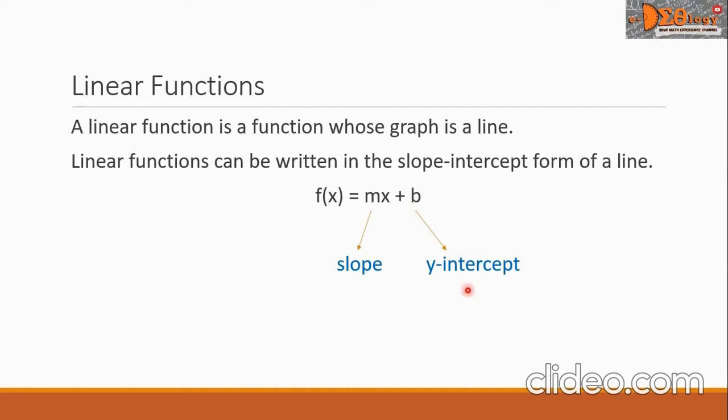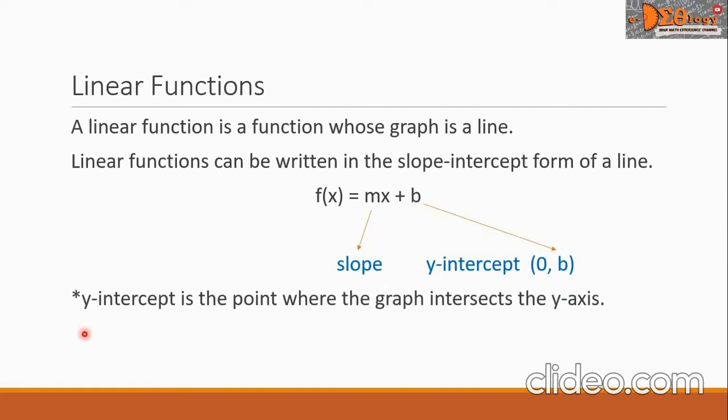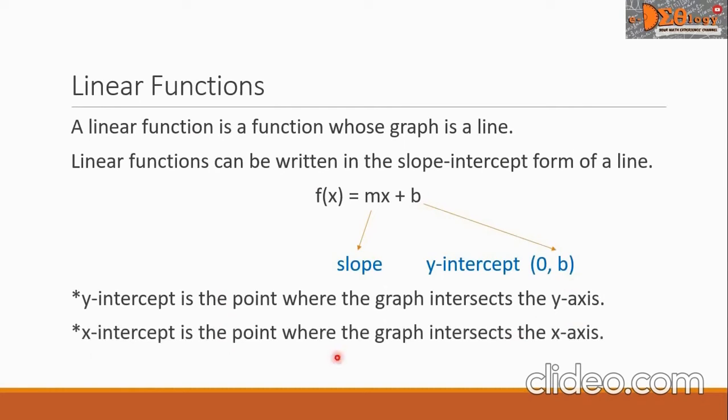Showing the ordered pair, we can write 0, b. As defined, y-intercept is the point where the graph intersects the y-axis. Also, there is x-intercept, and that is the point where the graph intersects the x-axis.